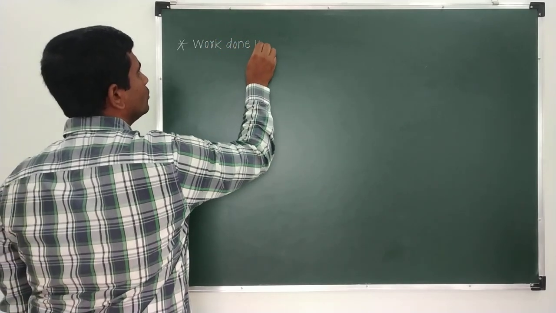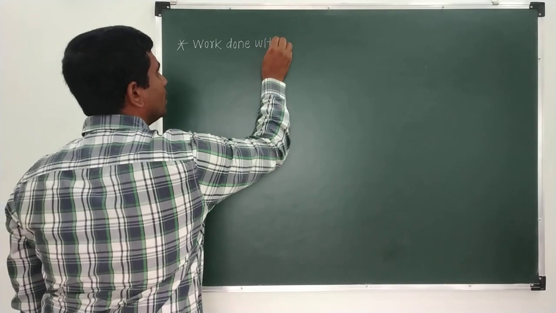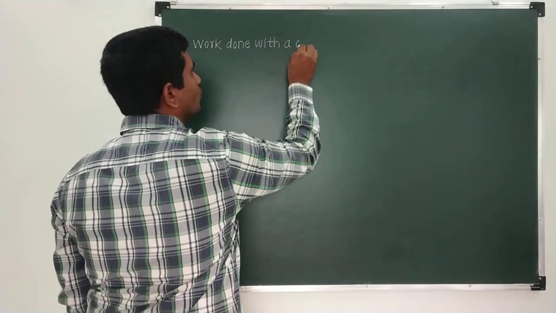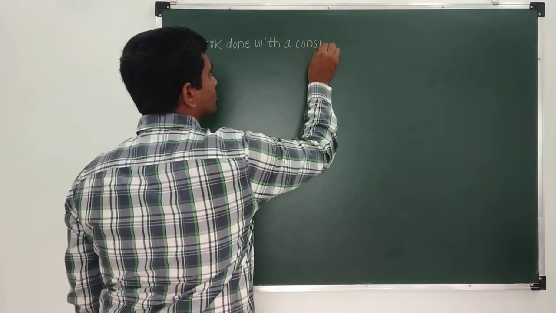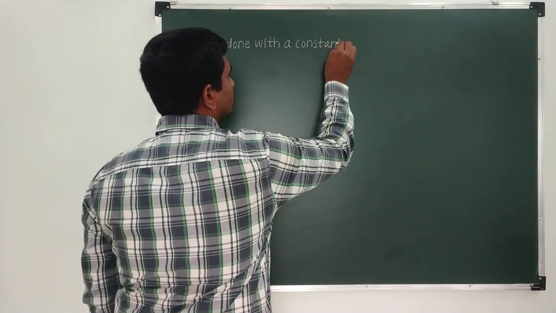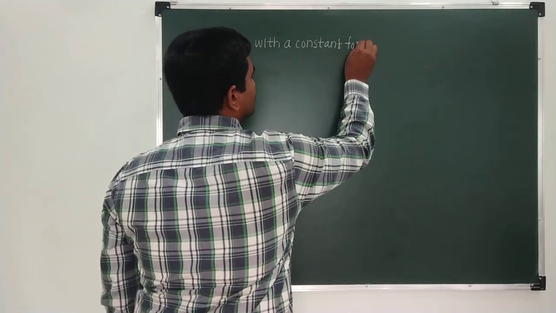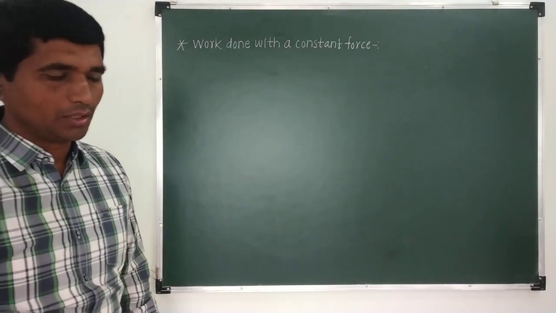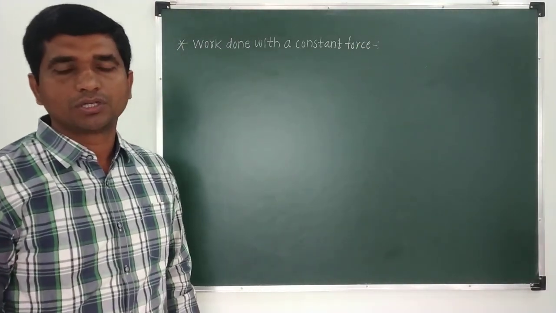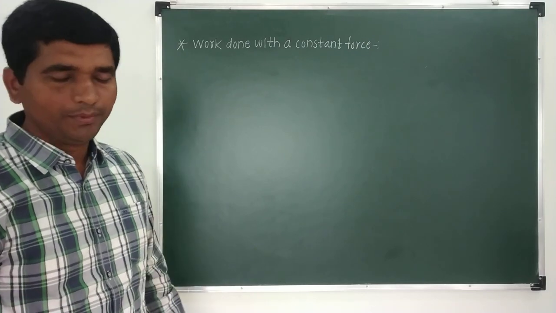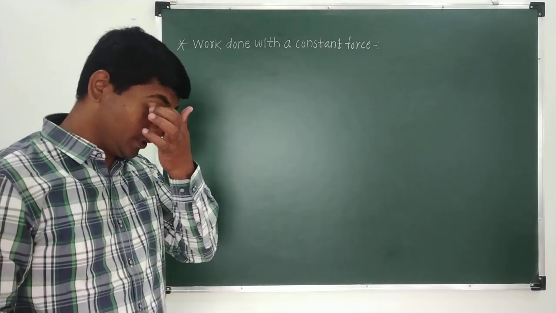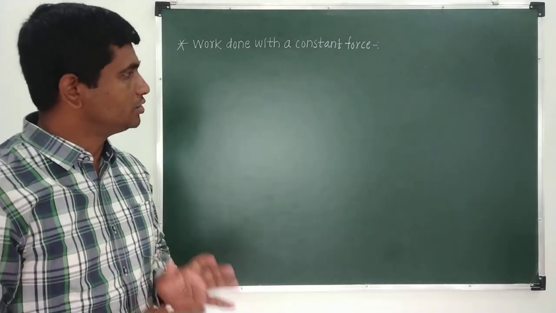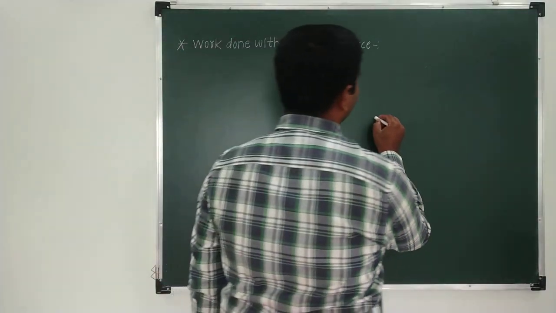Work done with a constant force. In order to calculate the work done by a constant force, we will be considering a block whose mass will be m, and this block is placed on a horizontal surface.